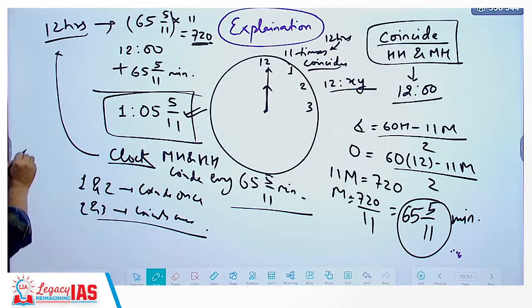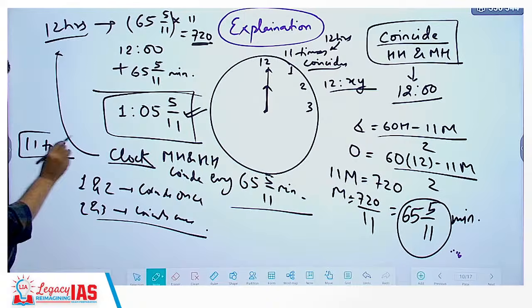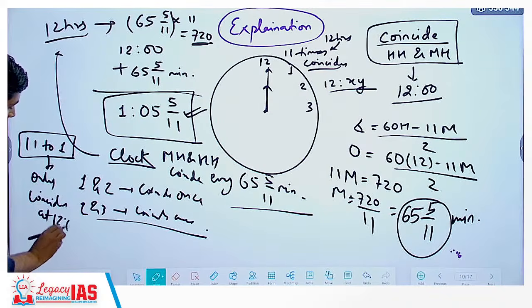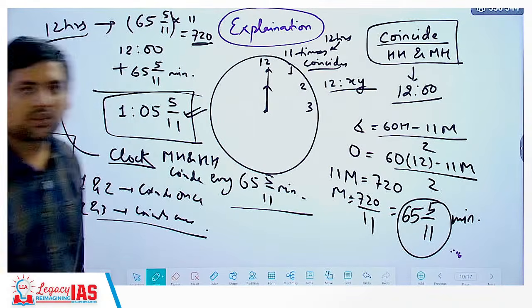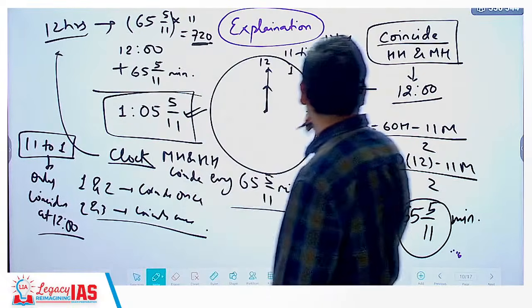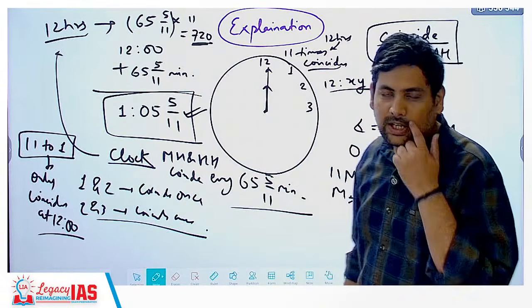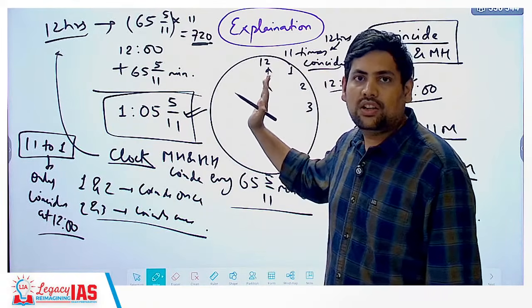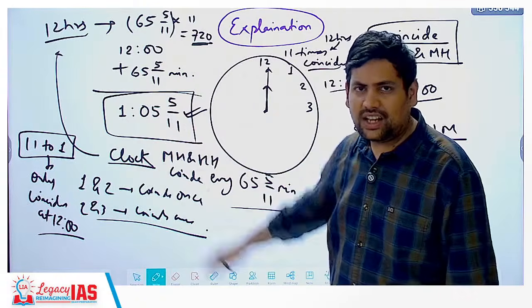But between 11 and 1, ideally this is 2 hours, so they should coincide twice, but they do not. They only coincide at 12. This is where you lose that 1, which is why in 12 hours they coincide 11 times. So you have to subtract these perfect times for that particular angle, and that will give you the answer.